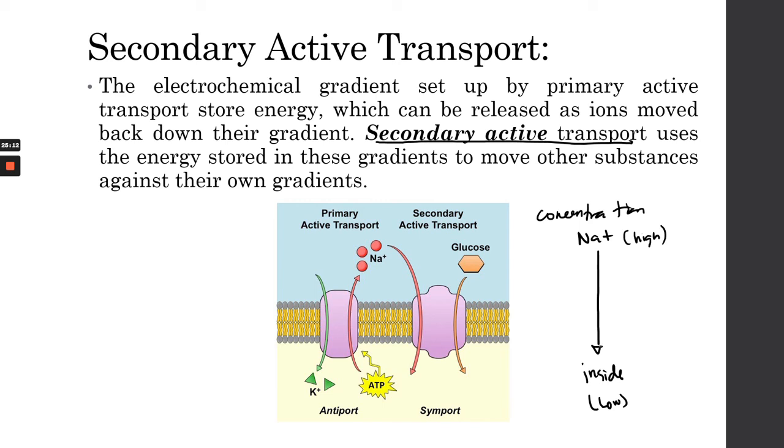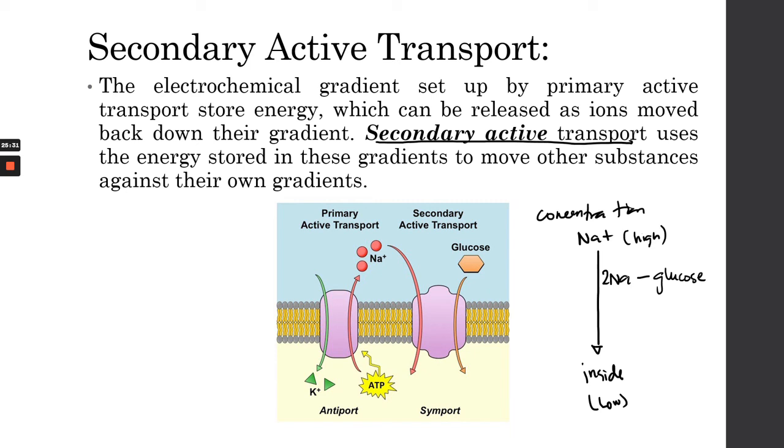So there is energy in that. There's a stored energy in that movement. And as Na goes inside the cell, in this type of protein, Na would carry a glucose.